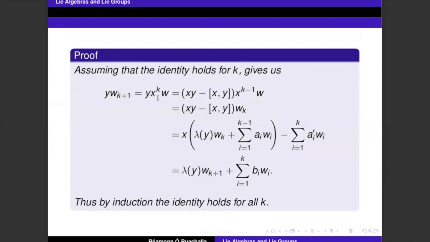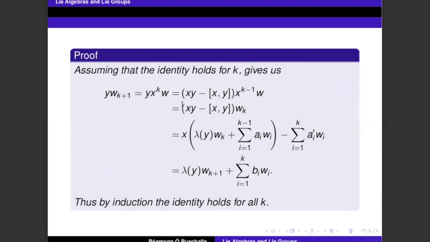Well, we just write it out. This is what it is, because this is this by definition. Okay, so now we're going to break this up into x to the k minus 1, and x. So now when I have xy, I'm going to break it up using the same trick I had before, using the commutator bracket.